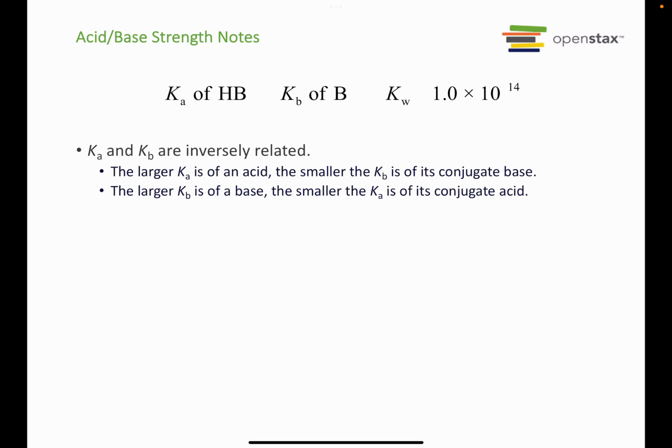Now, Ka and Kb are inversely related. All right.